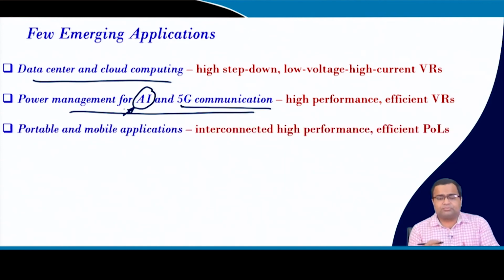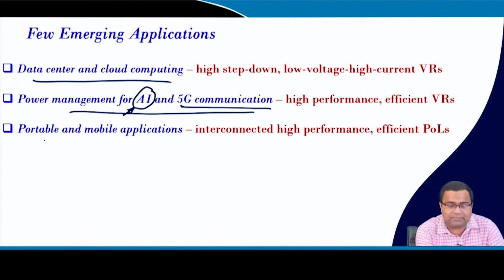Okay. Then if you go for portable and mobile applications, portable and mobile devices are now common, because of work from home or when you are traveling, the smartphone itself is slowly becoming like a mini computer.